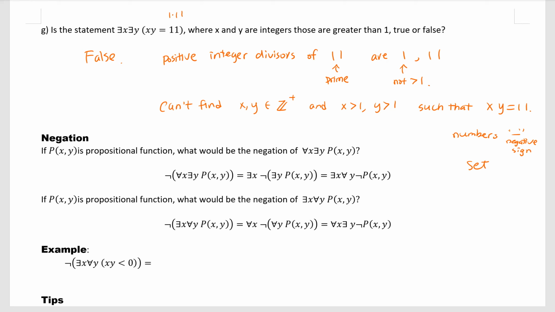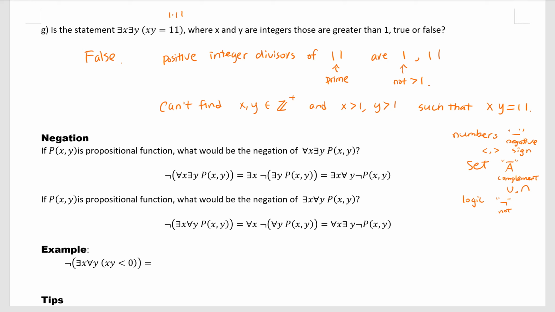For sets, we have the complement, which is also like a horizontal bar. The negative sign flips the inequality, and the complement flips union and intersection. And for logical operations, propositional functions, we have the not.